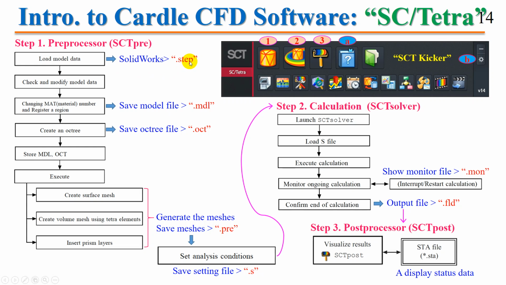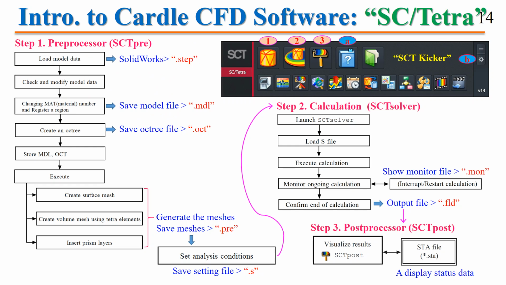And then you should modify, or you can register your CFD domain in SCT. For example, you can register the fluid body: what is the inlet, what is the outlet, what is the solid surface, right?